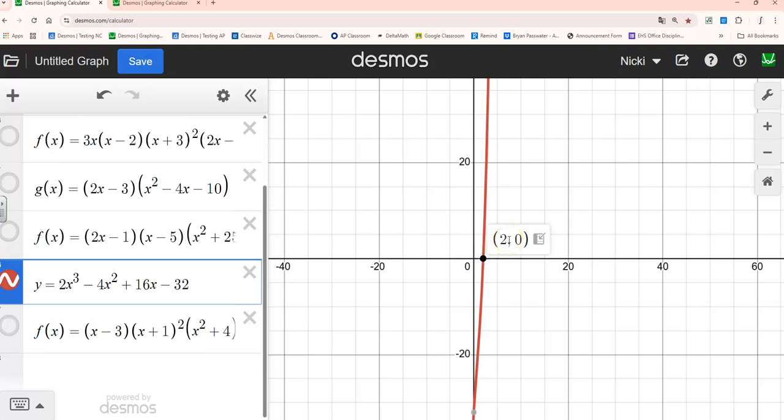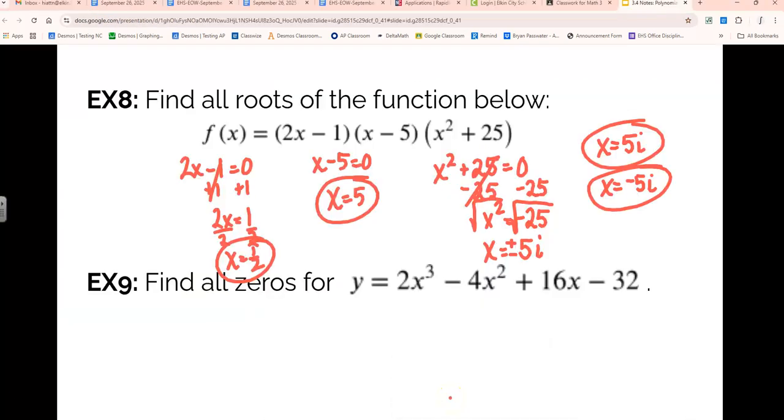So using what we know about zeros, if x equals 2 is our 0, which is going to be one of our zeros, then x minus 2 would be a factor. So what we're going to have to do here is some long division.